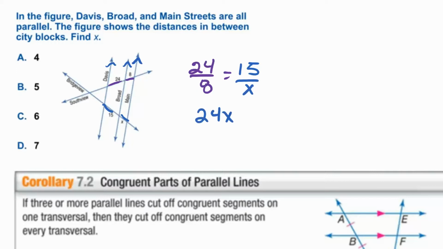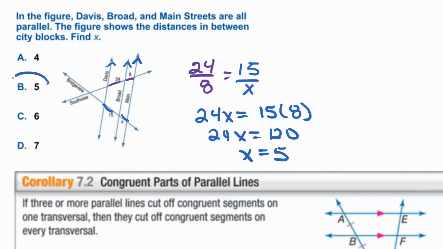Cross multiply to solve for x. And we would have that x equals 5.